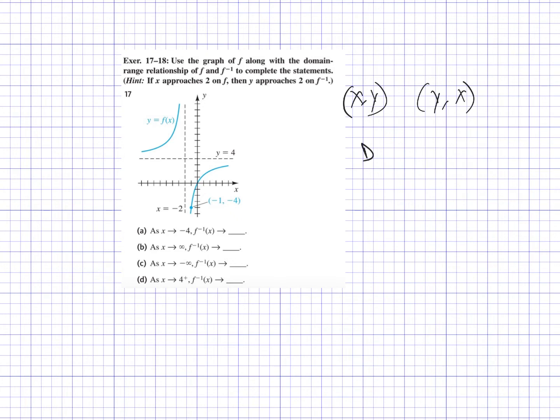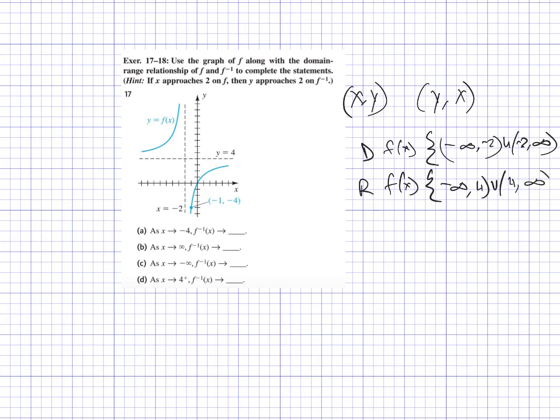The domain of the normal function here, f of x, is going to be from negative infinity to negative 2, union with negative 2 to positive infinity. And then the range of our f of x is going to be from negative infinity to 4, union with 4 to positive infinity.